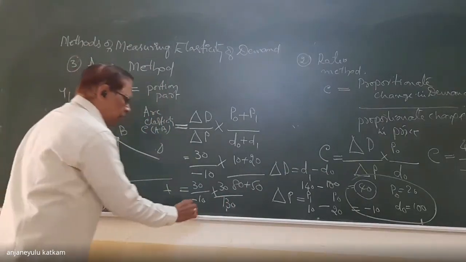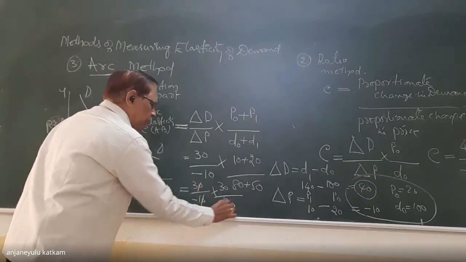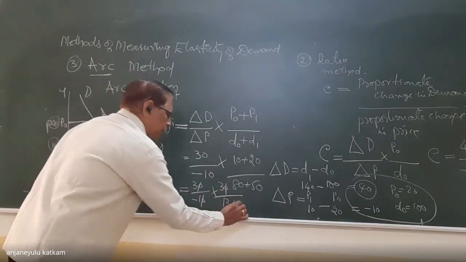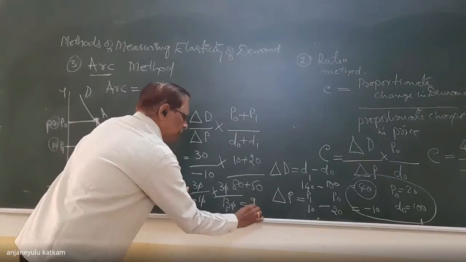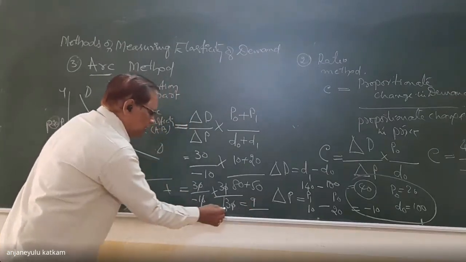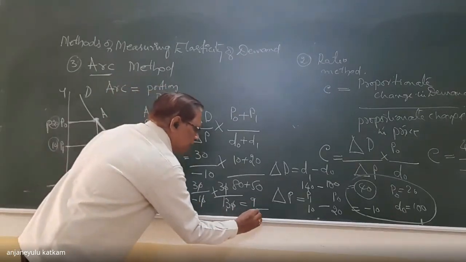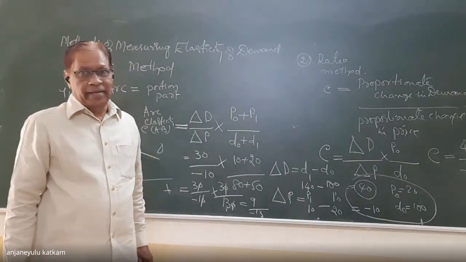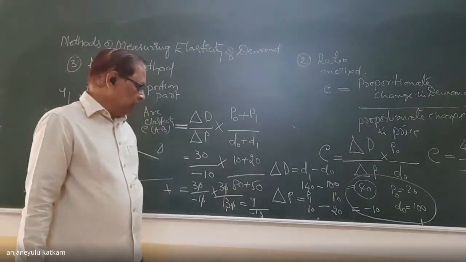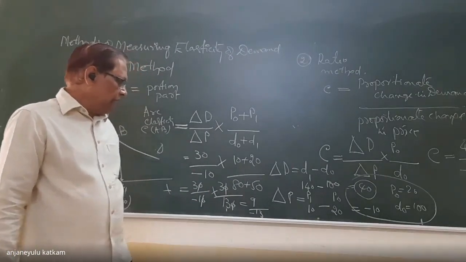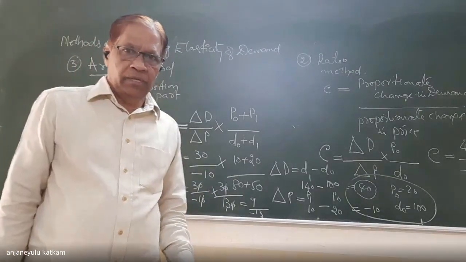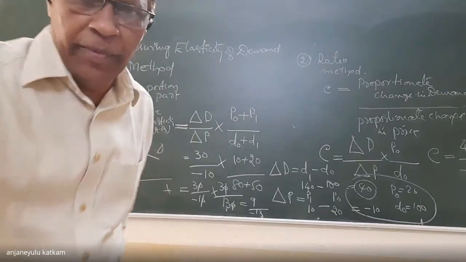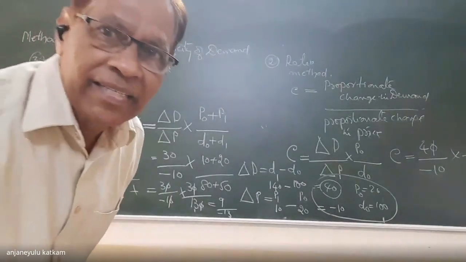Ultimately, cancelling zeros, 3 into 3 is 9, divided by 13 into 1, minus 13. So 9 divided by minus 13. Approximately you will get minus 0.7.